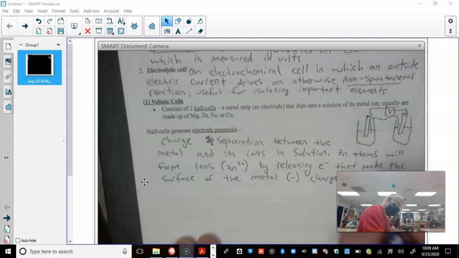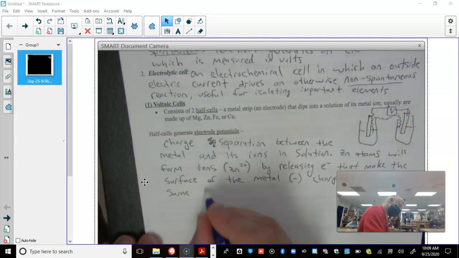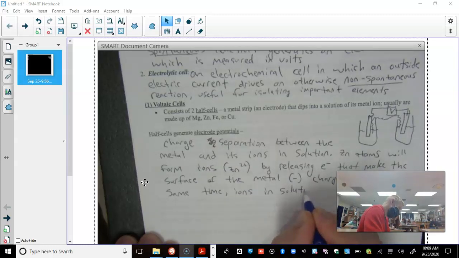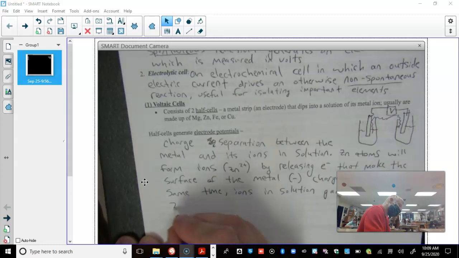At the same time, ions in solution gain electrons to form zinc.